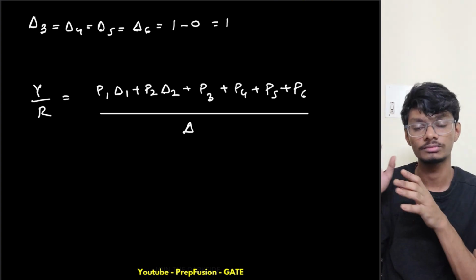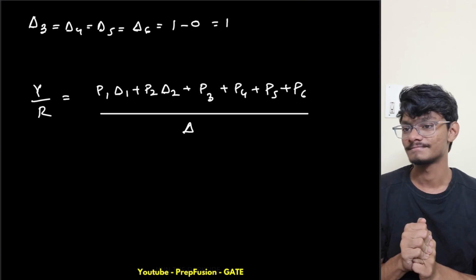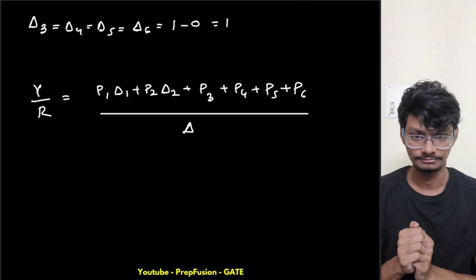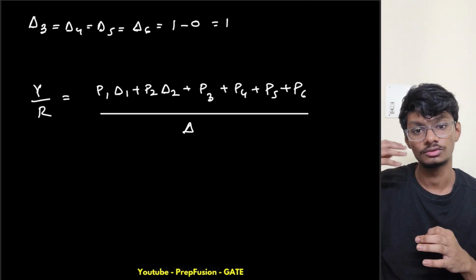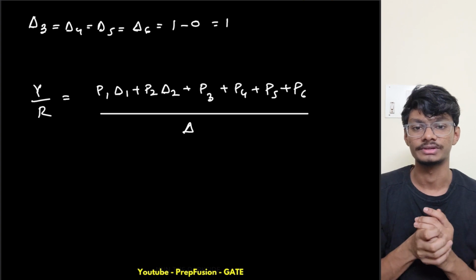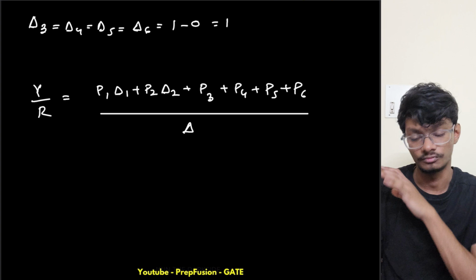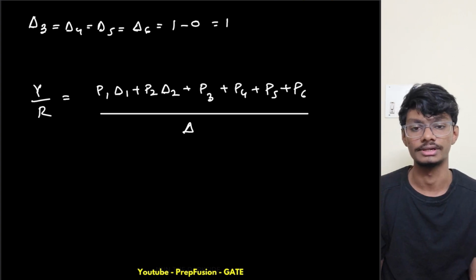That's why we remove those loops, then we solve the equation, then solve the SFG, the signal flow graph.